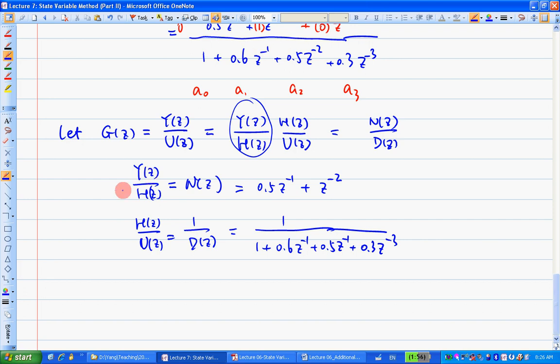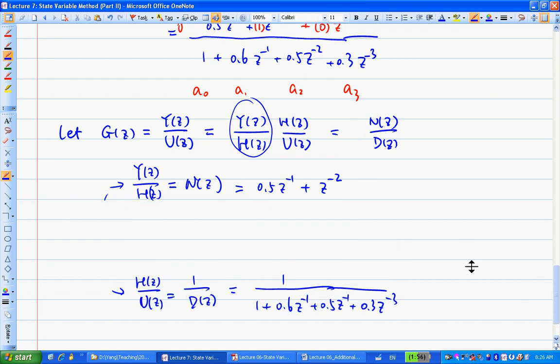Now, based on the first one here and the second one here, let's see what I get. Based on the first one, what is my Y of z? Y of z equals this whole bunch multiplied by H of z.